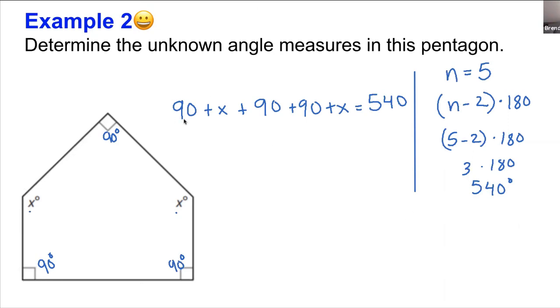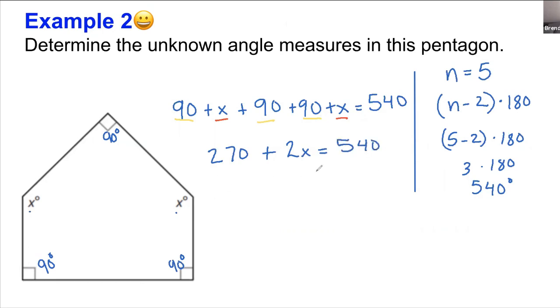In our first terms, we have 1, 2, 3 90s, and we have 2 x's. Let's combine that. 90, 90, 90 gives us 270 plus x and x. We have now 2x equals 540.